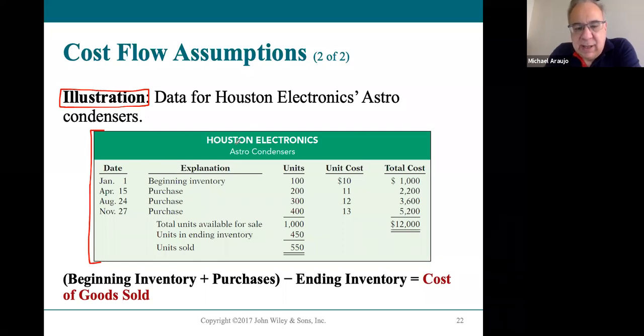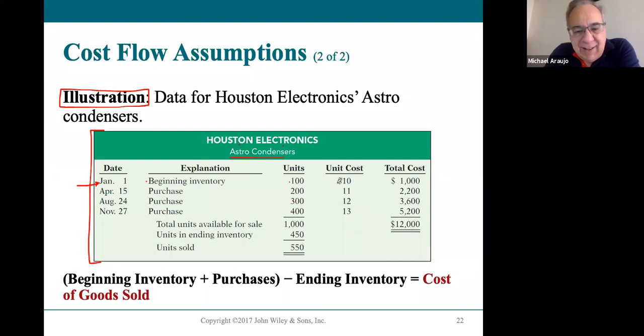This is a company called Houston Electronics, and their product is called an Astro condenser. And so here we have the product. At the beginning of January, they obviously use a calendar year here, they had a beginning inventory of 100 Astro condensers.